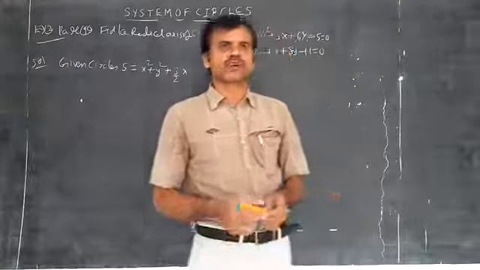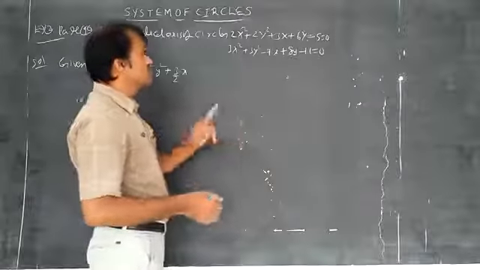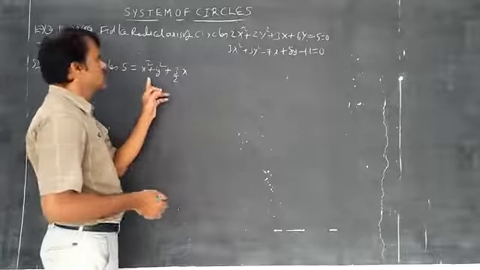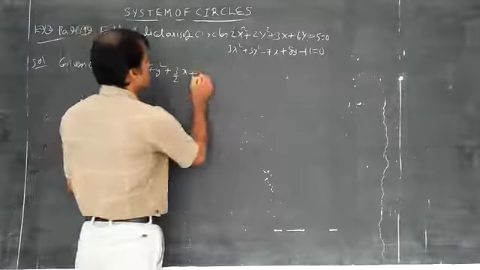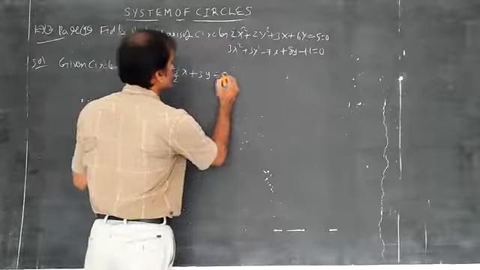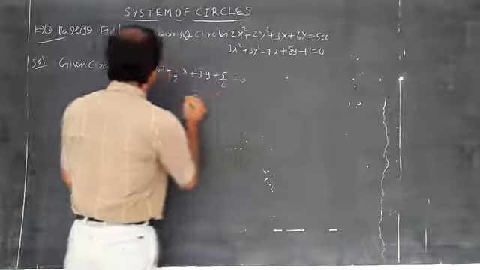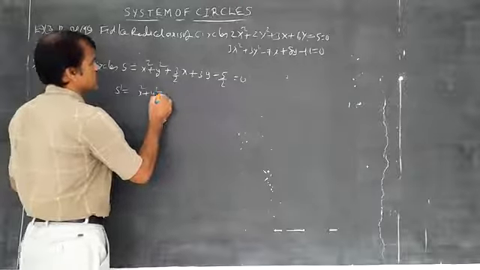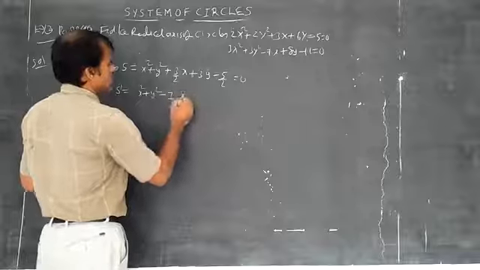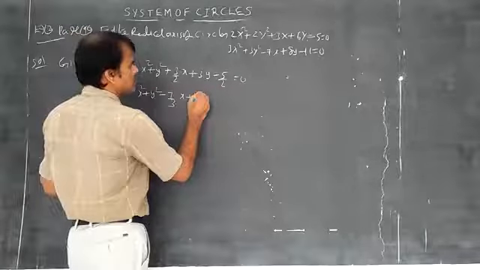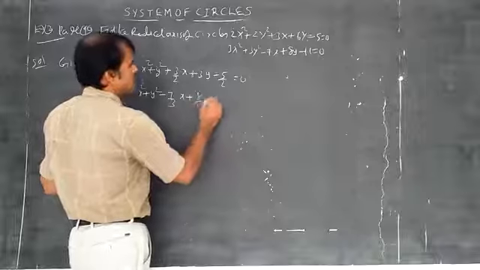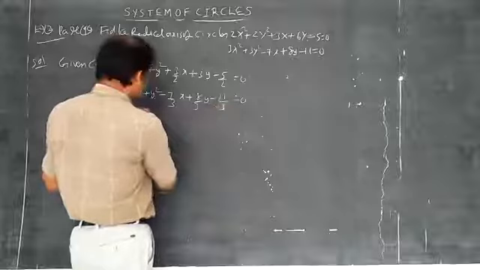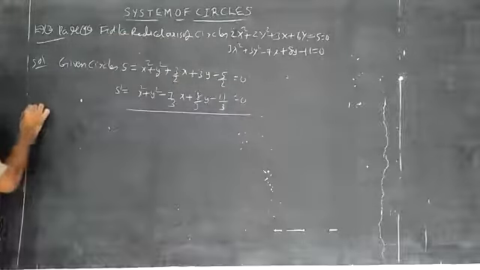The 2 marks question is important there. He will be giving it in the question paper like this only. You should standardize, that is your responsibility. Don't forget hereafter. S is x square plus y square plus 3 by 2 x plus 3 y minus 5 by 2 equal to 0, and S dash you write as x square plus y square minus 7 by 3 x plus 8 by 3 y minus 11 by 3 equal to 0. Now the formula of radical axis.